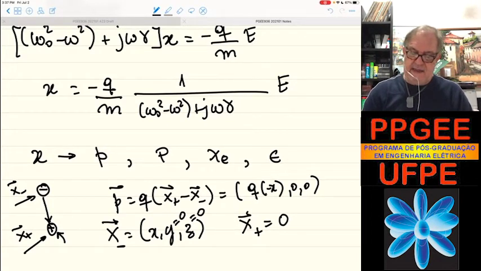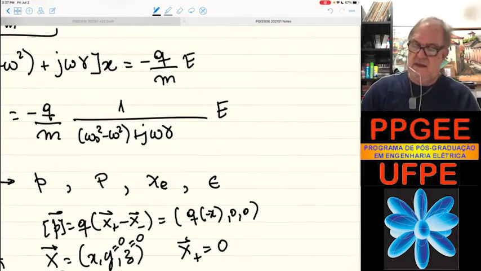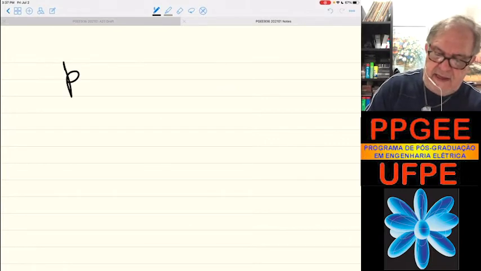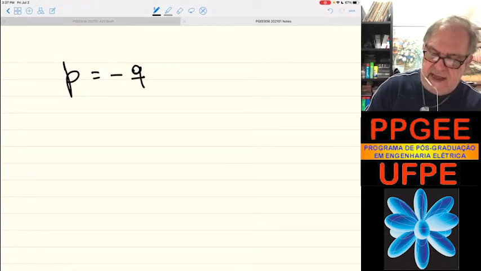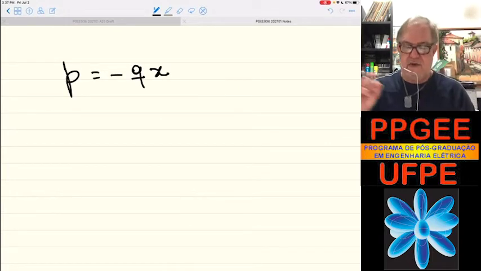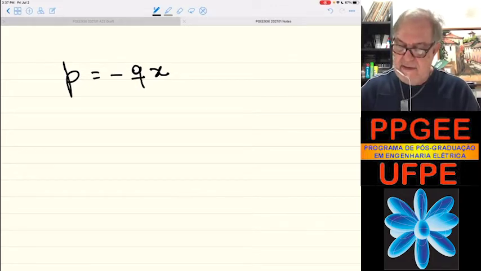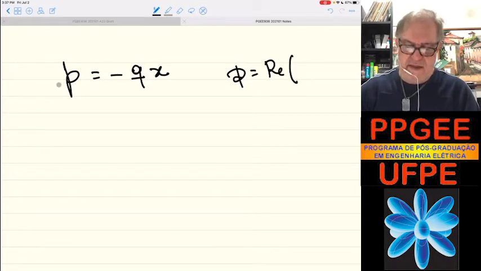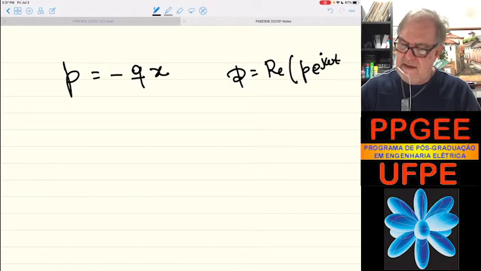So P, I just have to calculate the x component, which is this one here. So the x component is going to be P equals minus q times x. So remember that P, curly P, equals the real part of phasor P, which is this one here, exponential j omega t, okay?